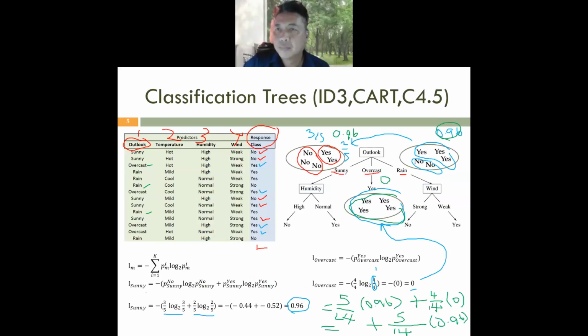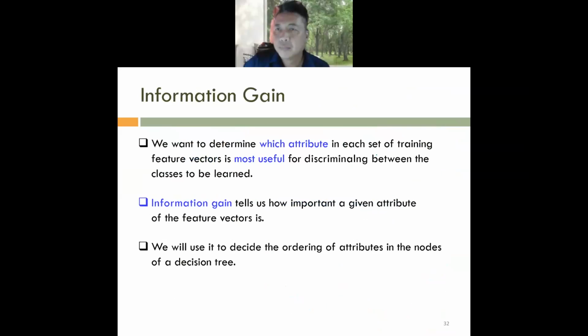So, if you go back to this slide, the total entropy after splitting will be this, and the total entropy before will be the group of this. Let me show you the example here.